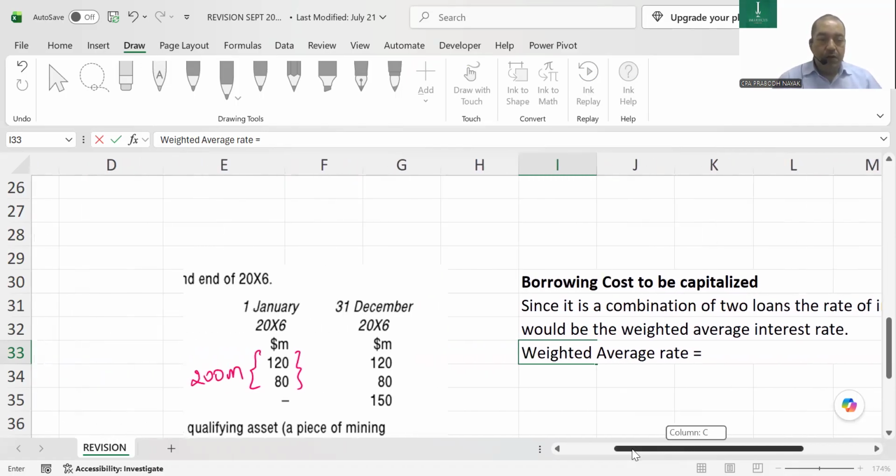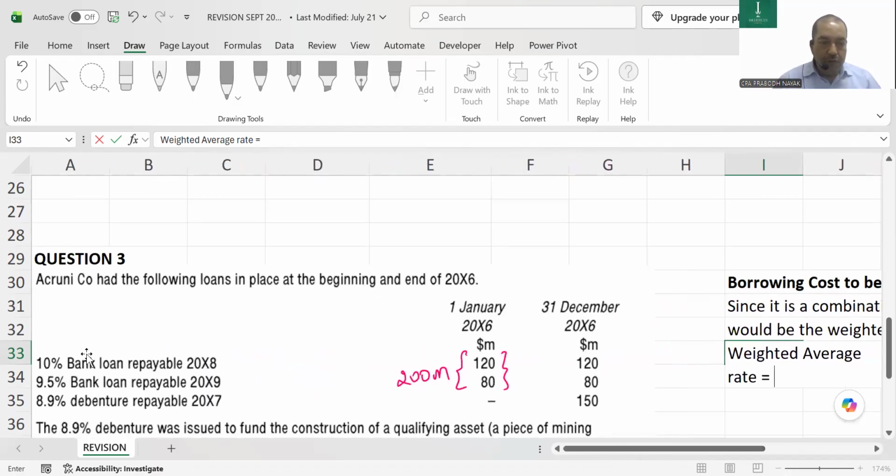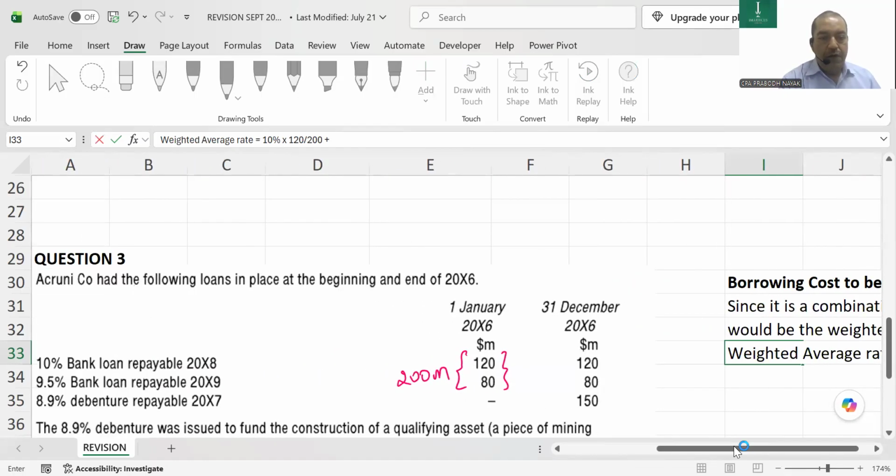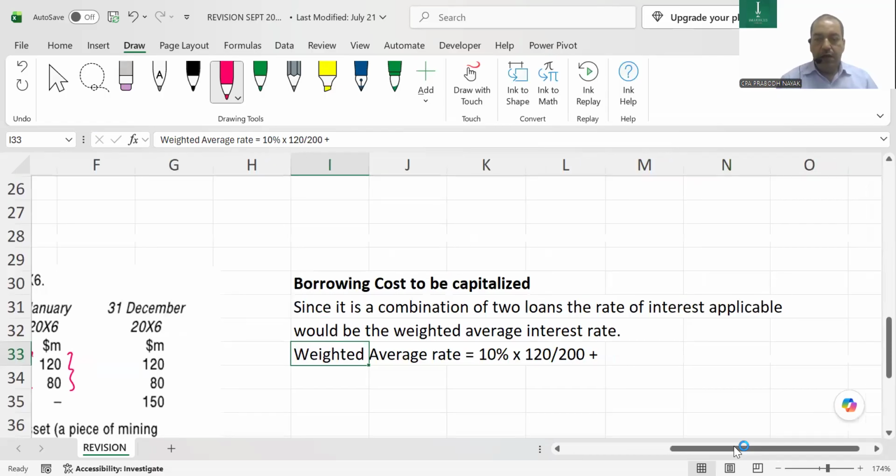How to calculate? First loan has a rate of interest of 10%: 10% of 120 divided by $200 million, plus the second rate of interest, 9.5% of 80 divided by $200 million.